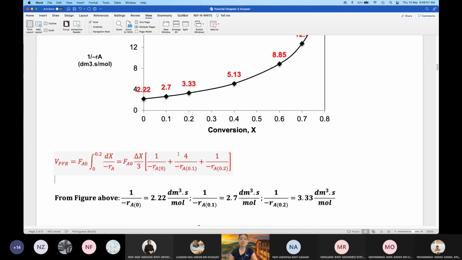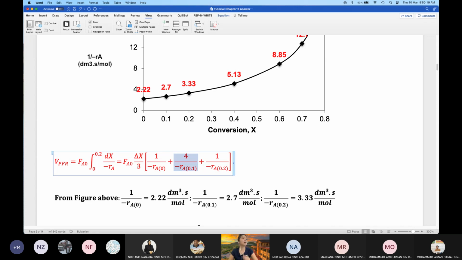That's why it becomes 4 per minus RA when my X is 0.1 plus 1 per minus RA at my final X which is 0.2. Sebab tu titik last is 1 per minus RA when my X 0.2. So done. Okay, so then we solve the question.